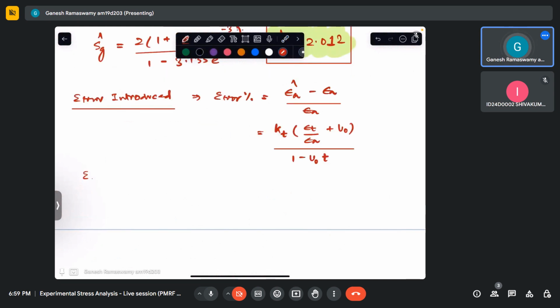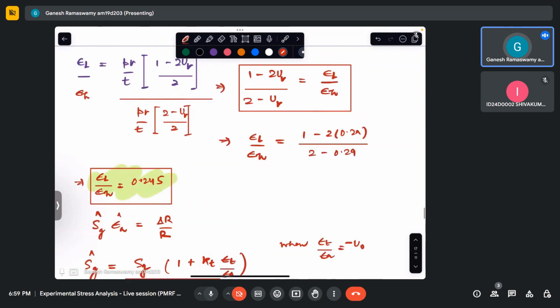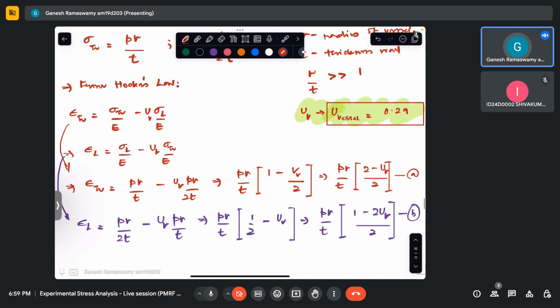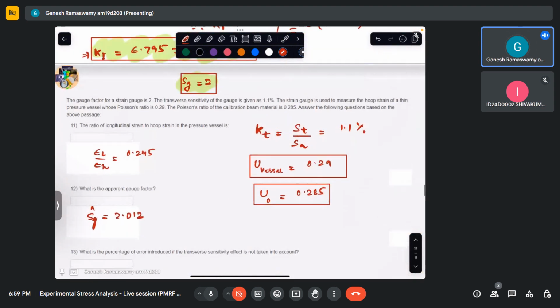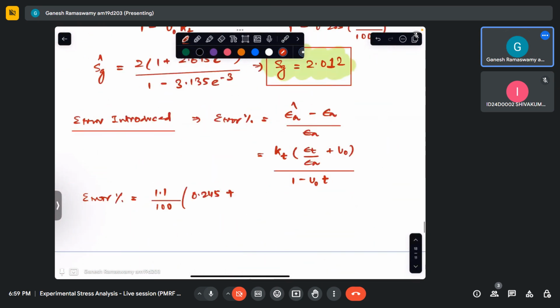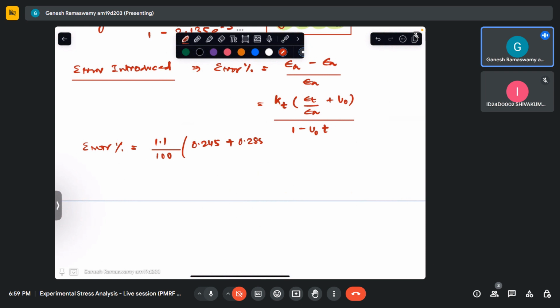So let us go ahead and calculate this. Error in percentage is given by Kt, which is 1.1%, into epsilon T by epsilon A, which came out to be 0.245 for this question, plus mu naught, which for this question is 0.285, as given over here, divided by 1 minus 0.285 into 1.1 by 100.